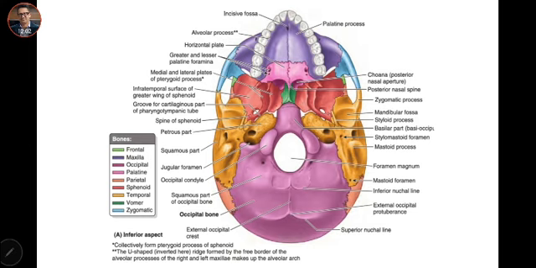This is the spine of the sphenoid. So it is medial to the spine of the sphenoid, anterior to the petrous part of the temporal bone, and this groove is posterior to the greater wing of the sphenoid, as you can see with the pointer.